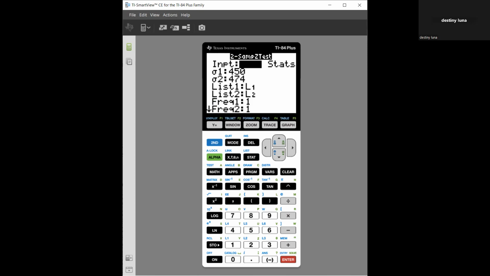Data means raw data like this, okay? Then you need the population standard deviations. She gave them to you in the problem. Sigma 1 for the US is 450. Sigma 2 is 474. L1 and L2, scroll down. Set your alternative hypothesis to not equal to and calculate it.